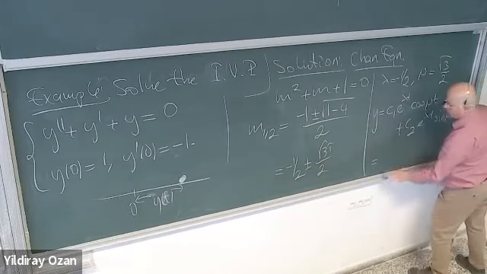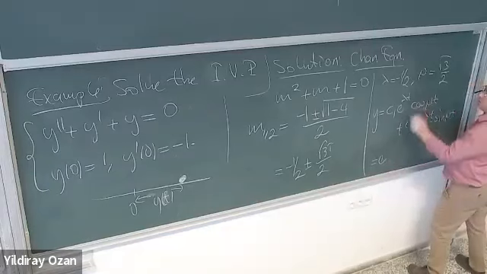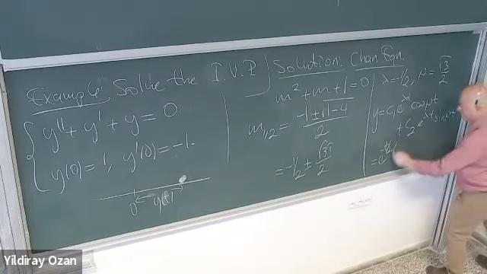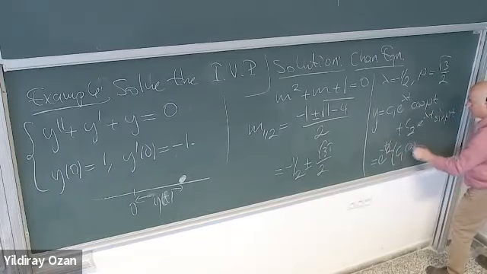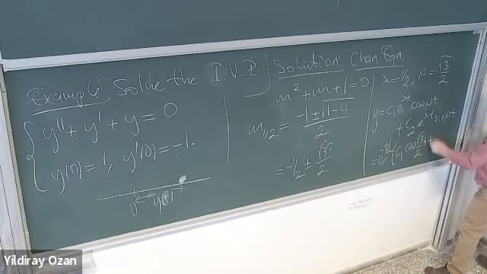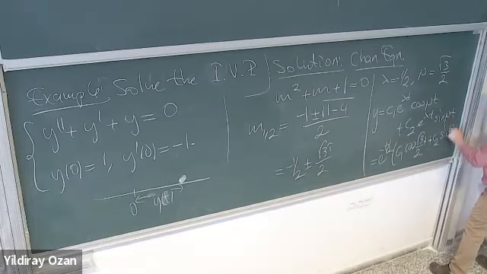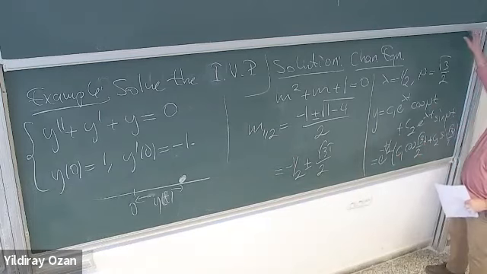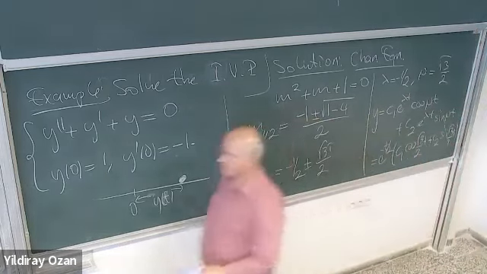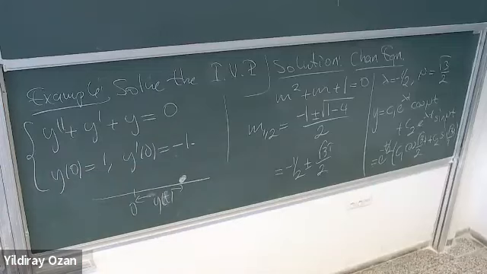Therefore, it is just e to the power minus t over 2 times C1 cosine of root 3 over 2 t plus C2 sine of root 3 over 2 t. Okay, so that's the general solution. C1 and C2 are just arbitrary constants. And then we can just find those constants.